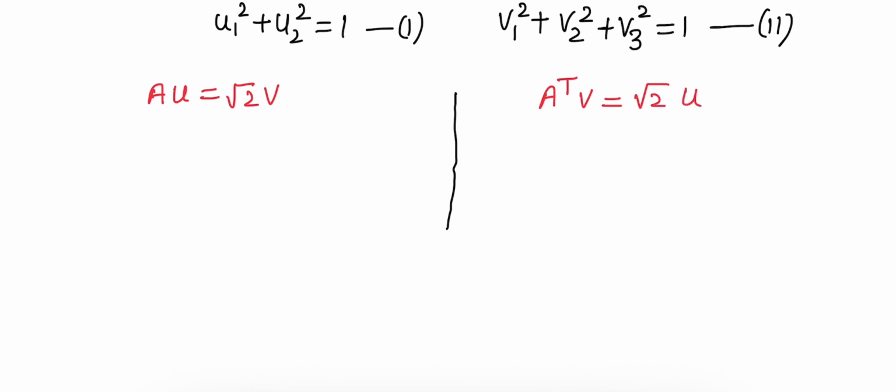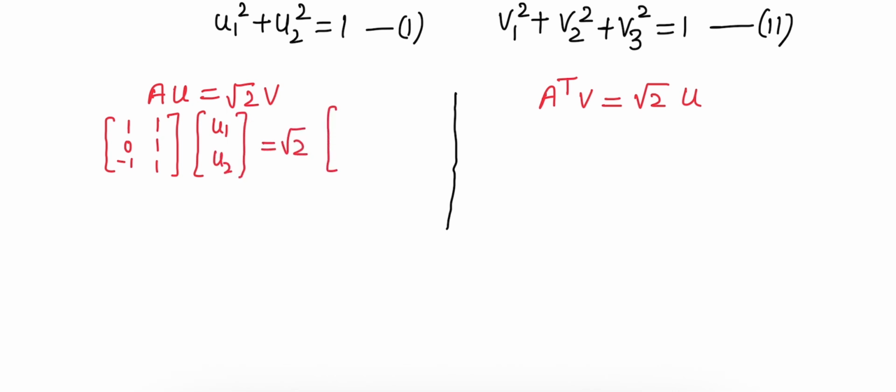Now in the question our A is 1 0 minus 1 1 1 1, and U was u1 u2, and V was v1 v2 v3. Now let us compare. You know these things.